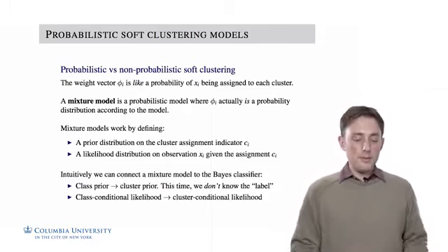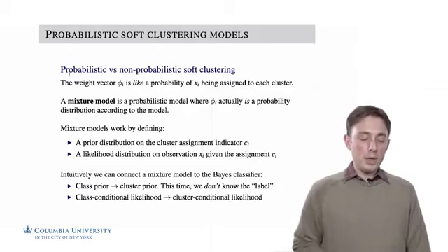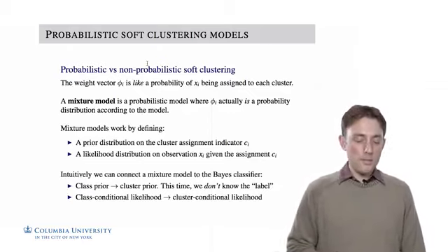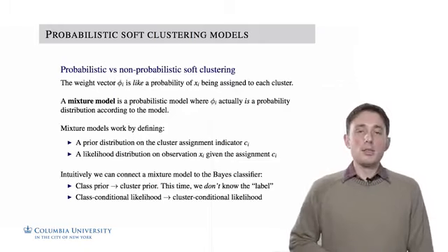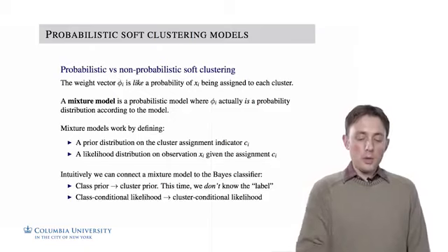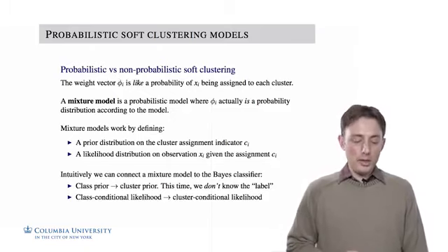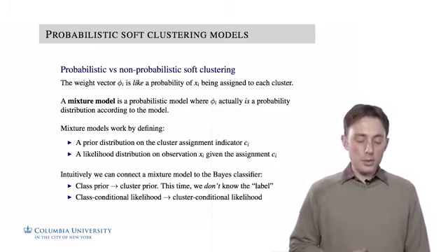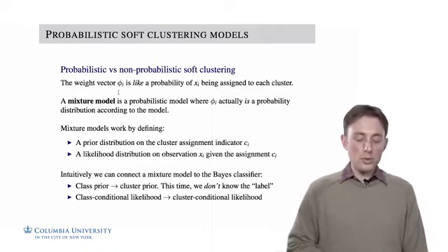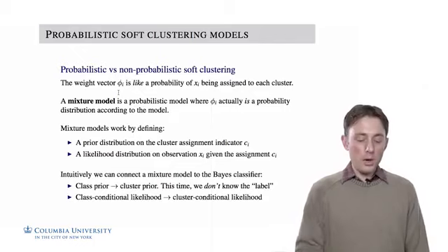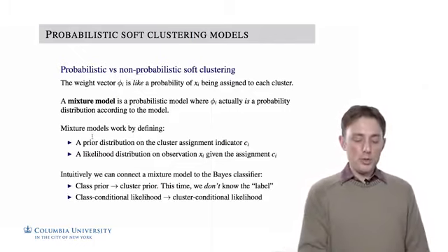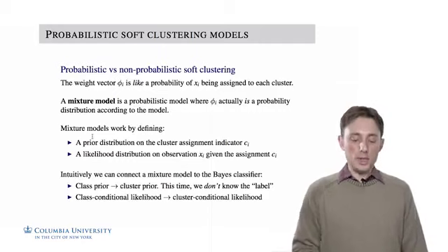Specifically, if we want to distinguish between probabilistic versus non-probabilistic soft clustering models, we have this weight vector phi i, which we interpreted as being like a probability of xi being assigned to a particular cluster. Now we're going to do a mixture model where we explicitly define a prior distribution on the cluster assignment ci.